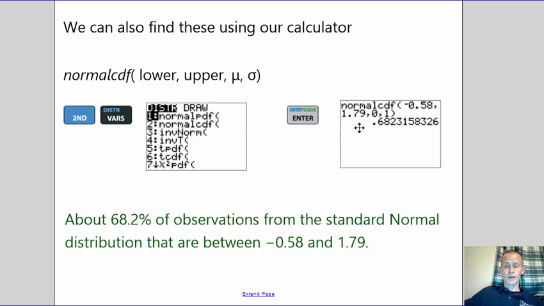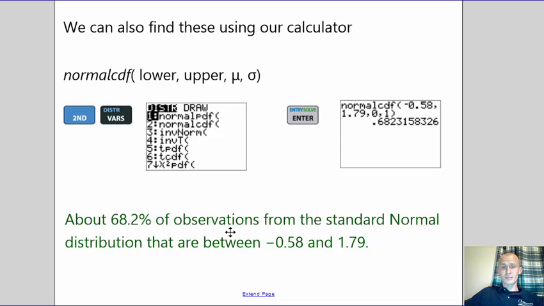Next, we type in our upper boundary of 1.79, and then our mean is 0, our standard deviation is 1. So our conclusion is that about 68.2%, because we get that decimal of 0.682, you could also write it as a decimal here, of observations from a standard normal distribution are between negative 0.58 and 1.79.